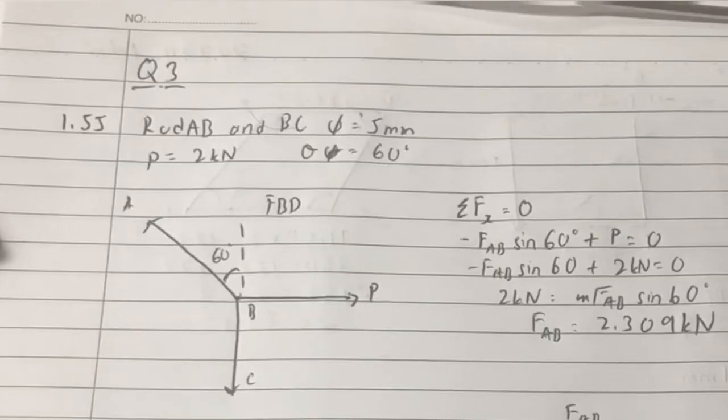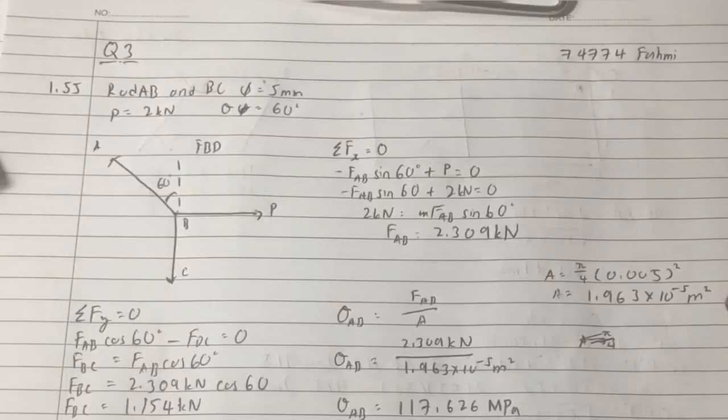By using the equation of total Fx equal to 0, this is the solution for rod force AB, which is 2.309 kN. After that, we proceed to total Fy equal to 0 so that we can find the force BC.